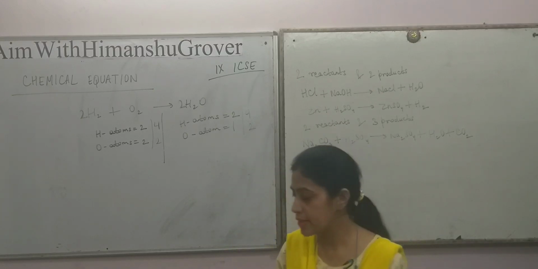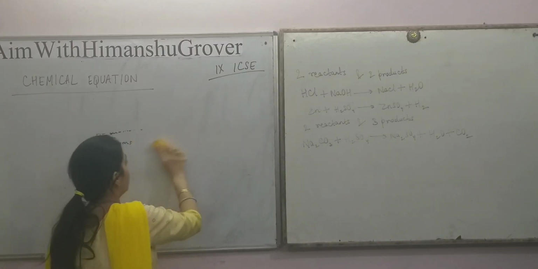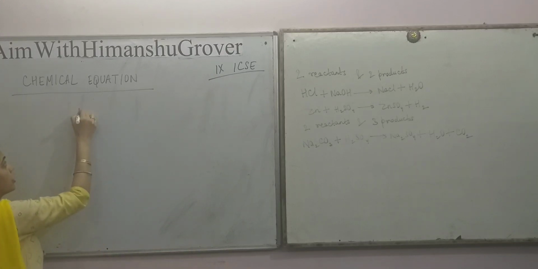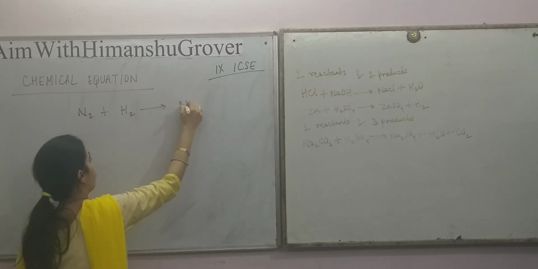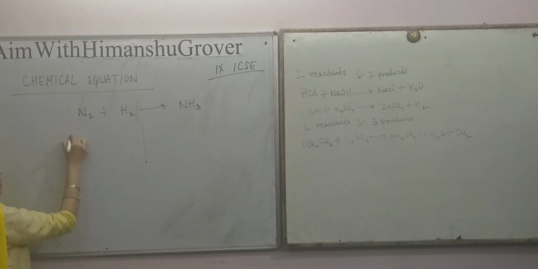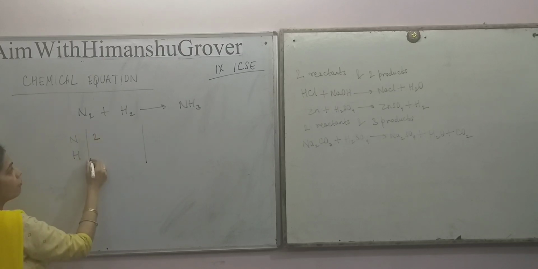Let us take another example. When nitrogen and hydrogen combine, it forms ammonia, NH3. The number of nitrogen atoms on the left hand side is 2 and the number of hydrogen atoms is also 2.